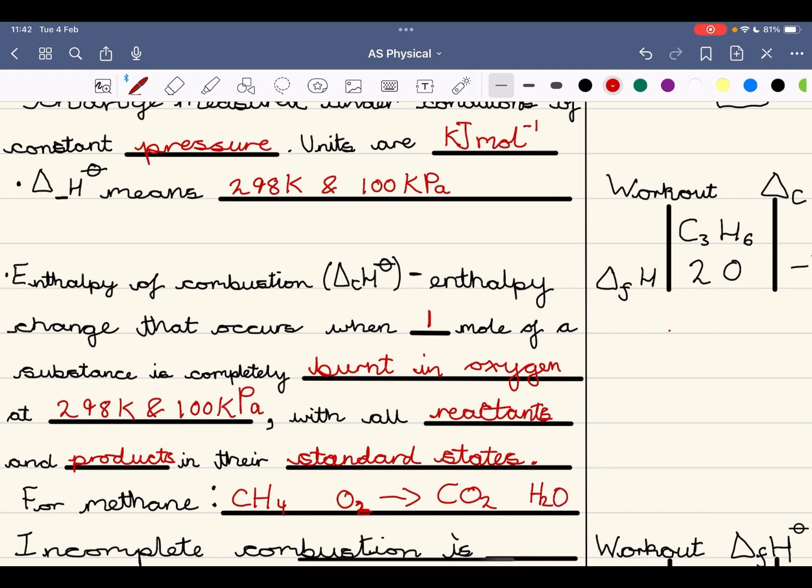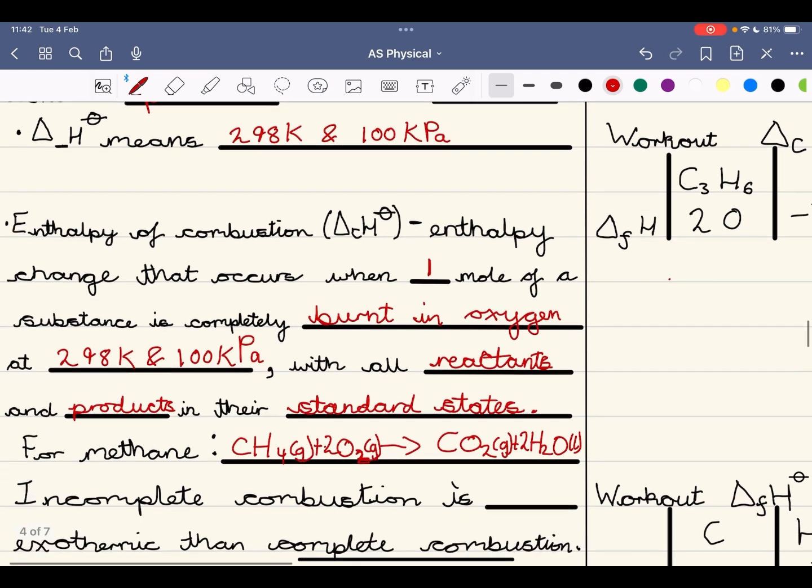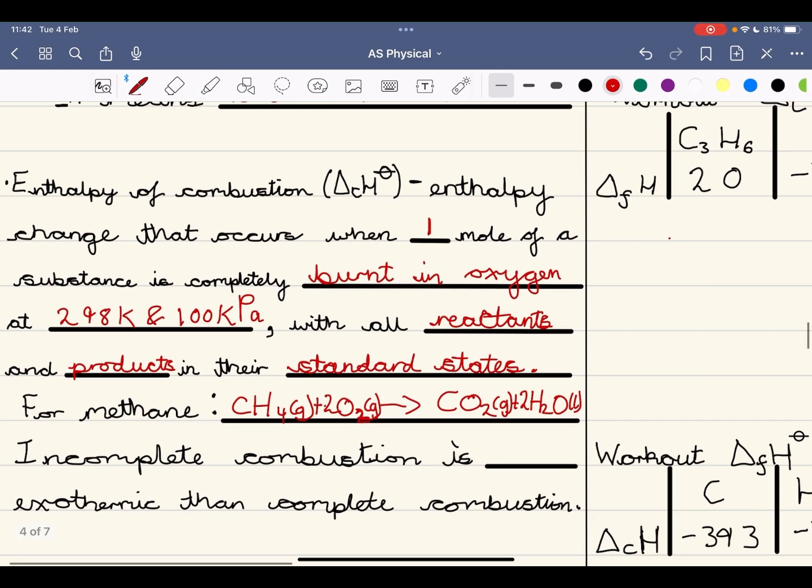Methane is a gas for its standard state, oxygen is a gas as well, carbon dioxide is a gas, and water is a liquid, and then we just need to balance it out. Right, now incomplete combustion is less exothermic than complete combustion, and incomplete combustion is basically when there's not enough oxygen for all of the fuel to react.